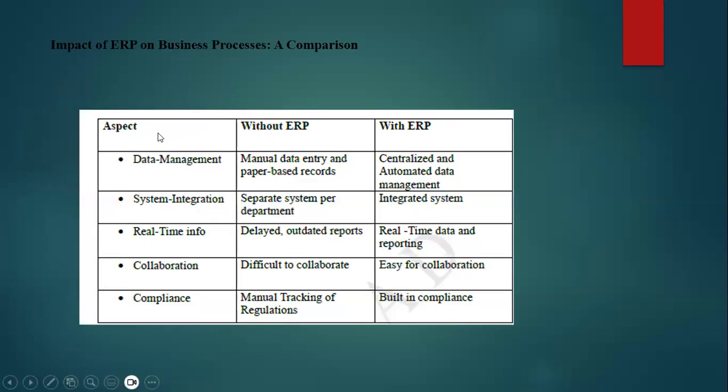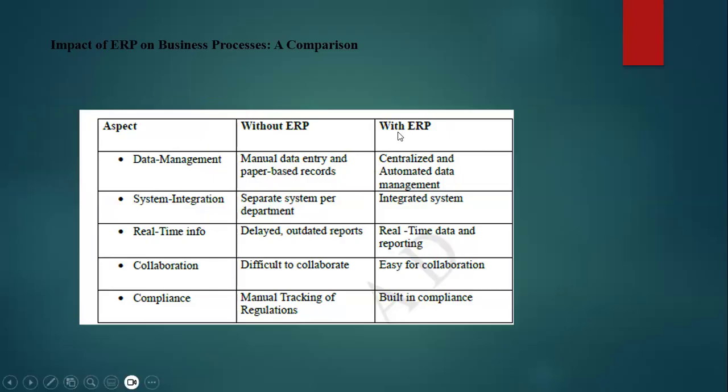Now, what is the difference between without ERP and with ERP? In the aspect of data management, without ERP, we have to make manual data entry and paper-based records. But with ERP, we have centralized and automated data management. In the aspect of system integration, without ERP there would be a separate system per department, means the inventory person will have a different system, and the sales person will have a different system.